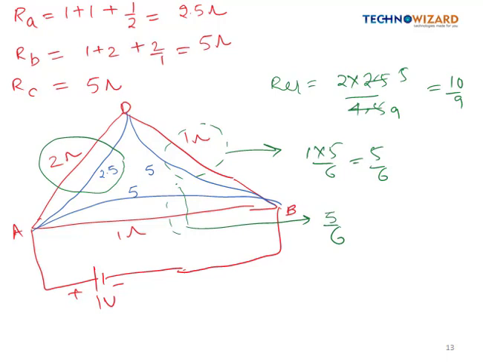So now our circuit can be reduced to like this. Okay, so here after reducing the circuit it will become 10 by 9, and here two resistances are there, right? It is 1 ohm and it is 5 ohm.